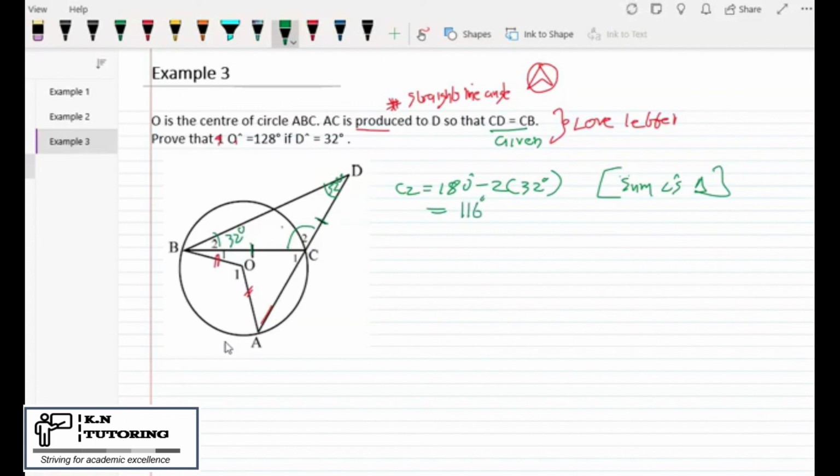So I'm going to put 116 there. So we've got all these angles here. What do we know about angles on a straight line? So if this C2 is 116, it means this angle must be what? 64. How do I get 64? 180 degrees minus 116. I'm going to get 64, which is C1.